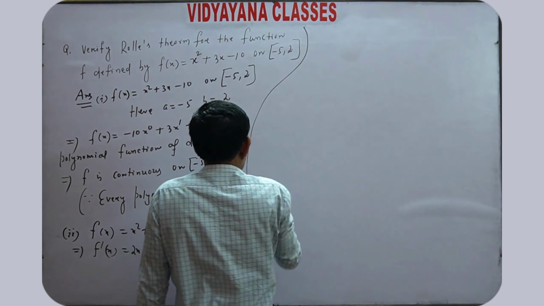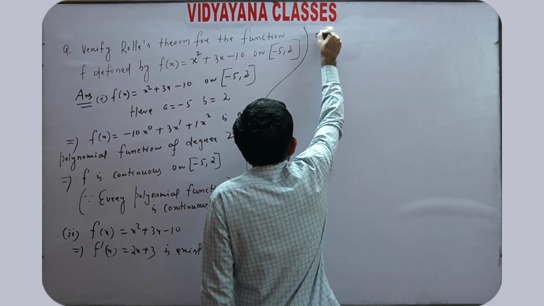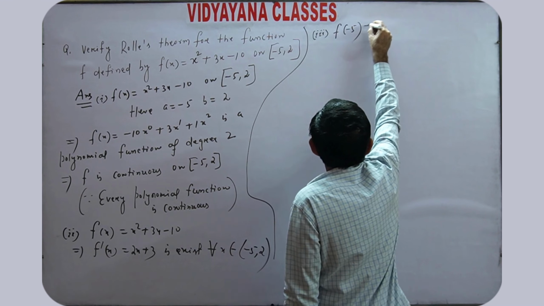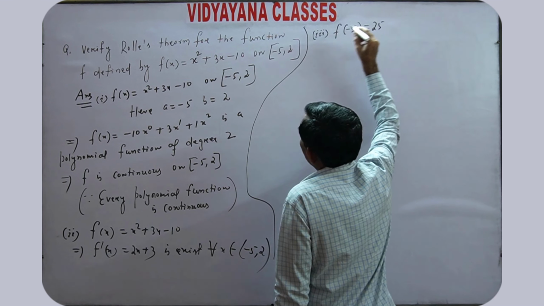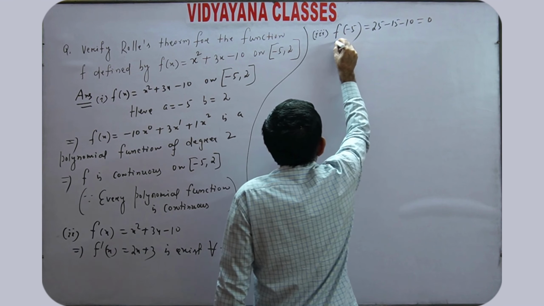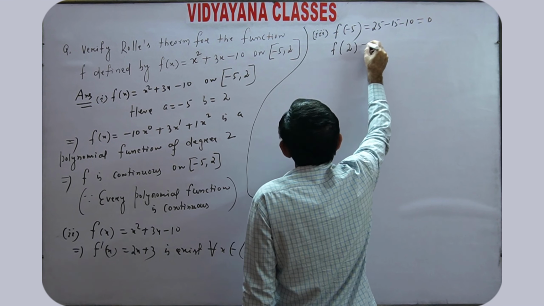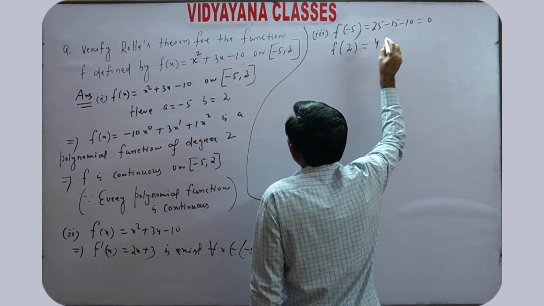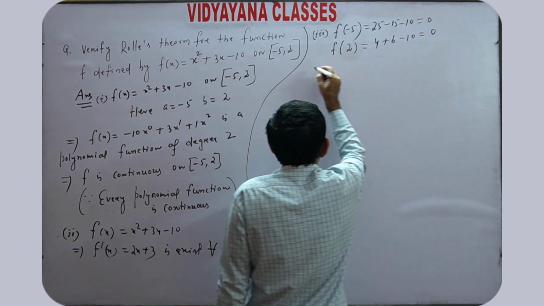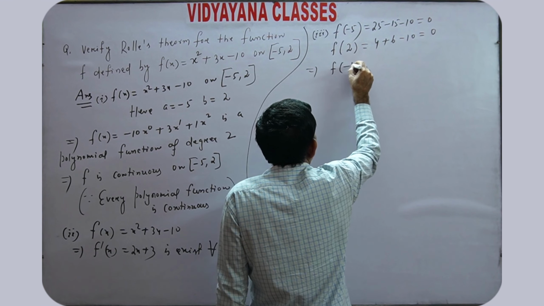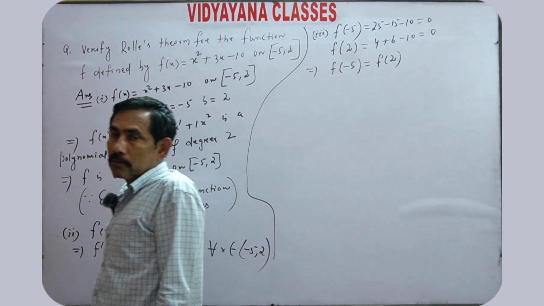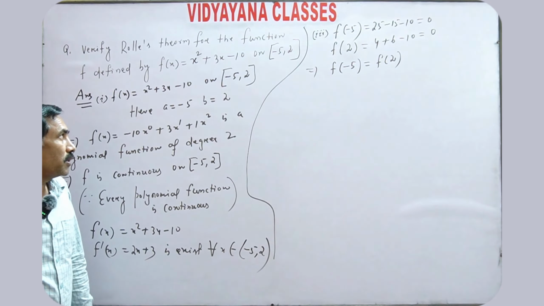Third condition, f of minus 5, which is the same as 25 minus 15 minus 10, is equal to 0. f of 2 is equal to 2 square plus 6 minus 10, which is 0. Implies f of minus 5 is equal to f of 2. So the third condition also satisfies.